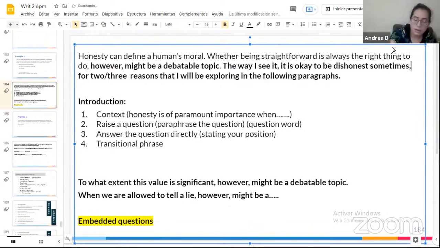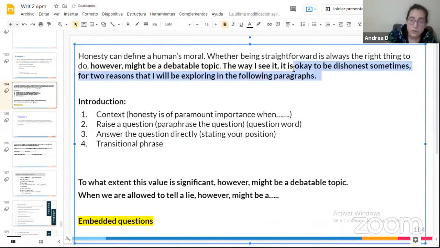Okay. So the way I see it, it's okay to be dishonest sometimes for two, in this case, two reasons that I will be exploring in the following. Okay, so that's it. Those are the things that you can do here. I mean, that's what you can have in the intro.